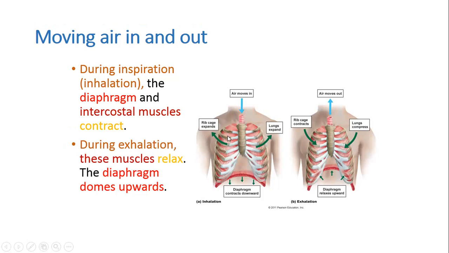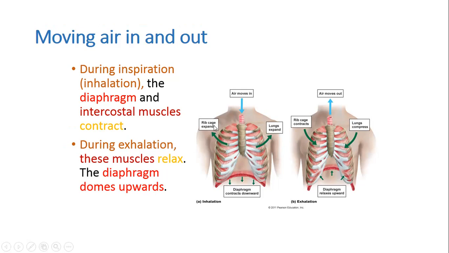Between the ribs, there are muscles which are called intercostal muscles. So these two kinds of muscles, diaphragm and intercostal muscles, play an important role in the breathing phenomenon. During inspiration or inhalation, the diaphragm and intercostal muscles contract. They contract in inhalation. During exhalation, these muscles relax, the diaphragm domes upward.